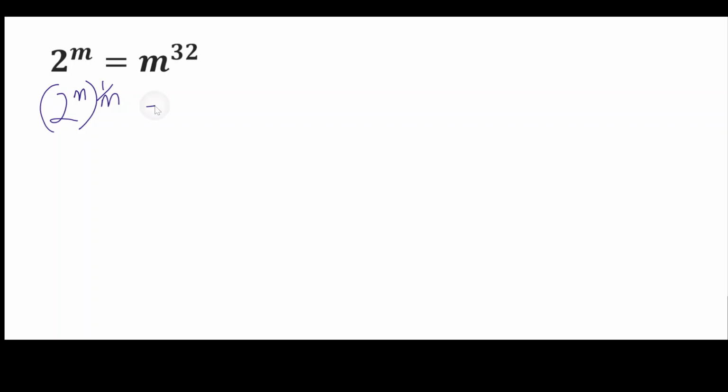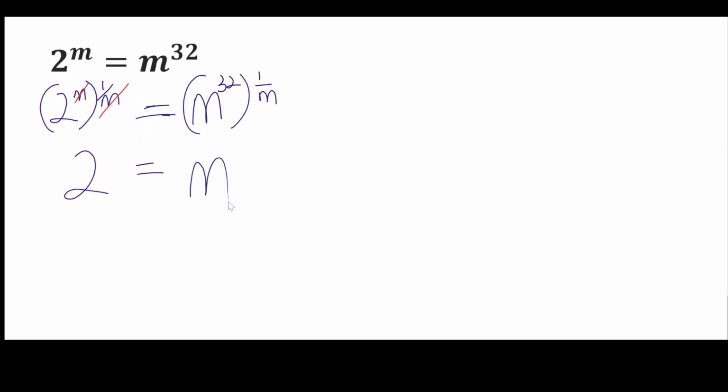So we have m to the power of 32 multiplied by 1 over m. The reason is so that m here is going to divide m here. So we're going to be having 2, which is raised to the power of 1 in this case, equals m to the power of 32 over m.